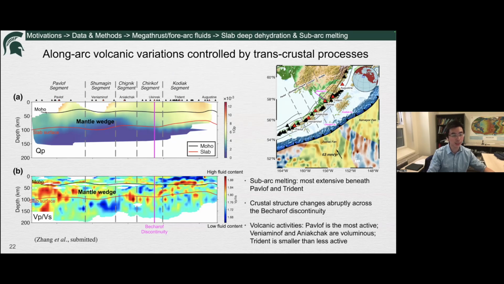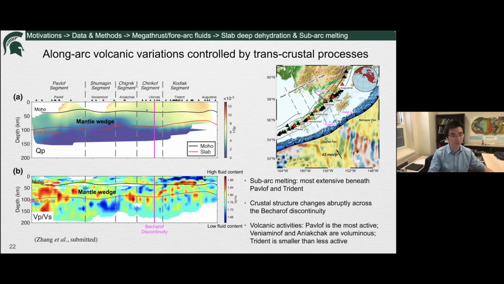The general idea: these black curves are the Moho of the overriding plate, and in between is the mantle wedge. The idea is that yes, we do see a lot of mantle wedge melting in the southwest and also in the northeast, but not in the middle. But when we look at volcanic activity, that's a different story.